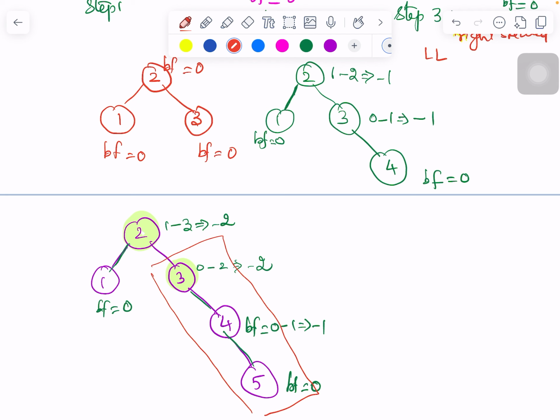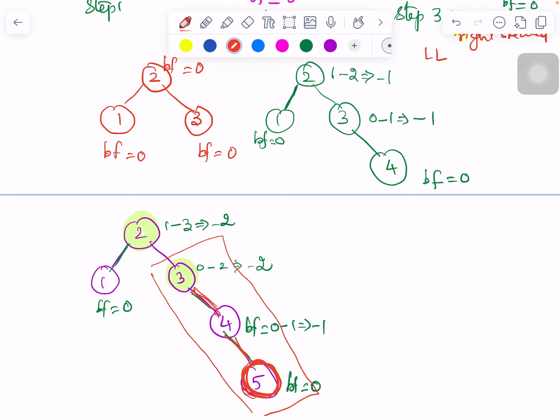Remember one thing: we have to see because of the insertion of which node the imbalance has happened in the AVL tree. Here, because of the insertion of node 5, imbalance has happened in the right part of the AVL tree, so now we have to deal only with this branch.